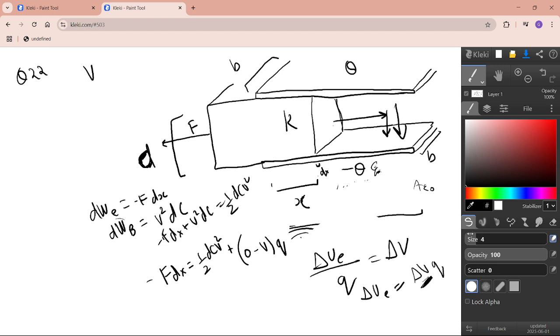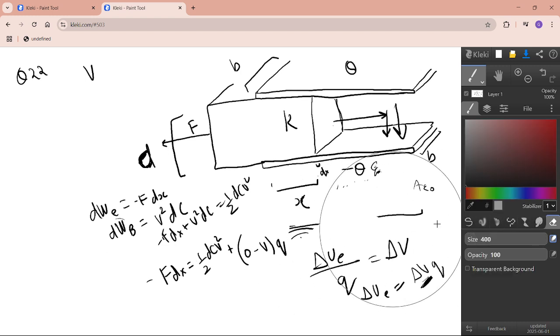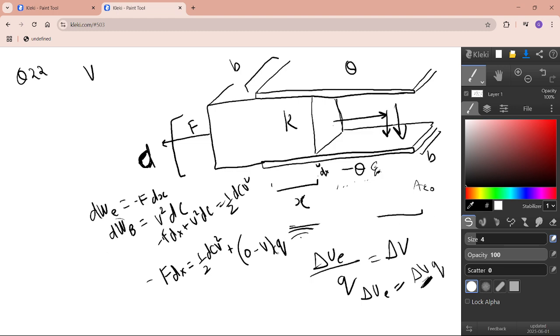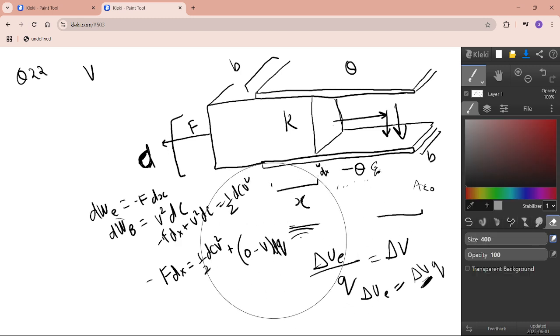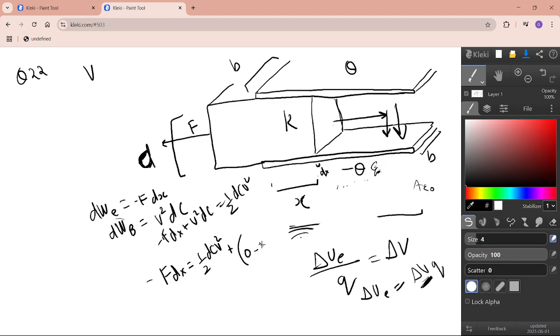VQ, of course, we are talking about small charges this time. So DQ, this small instant where some small charges, and DQ is equal to DCV, and the equation is basically the same. We have just taken this V square DC here and it becomes 0 minus V square DC.